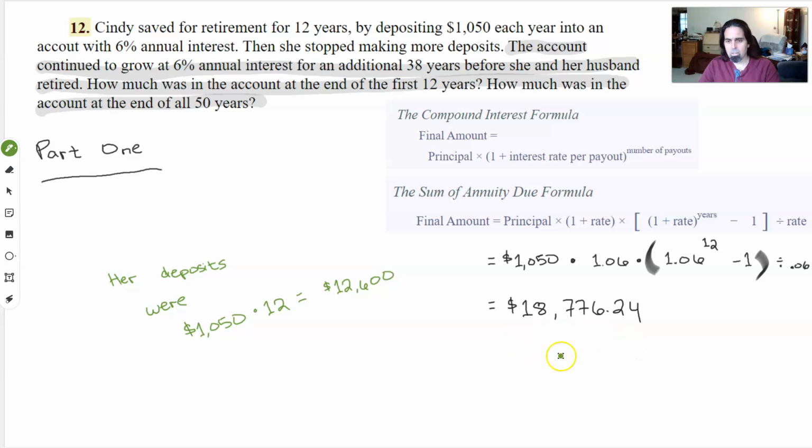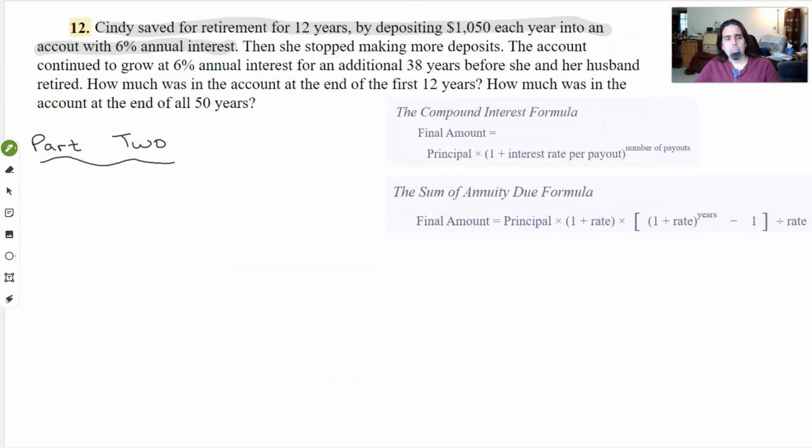So that means everything else must have been interest. So take this number, subtract away that, we'll get what? $6,176.24. Not bad. Okay, that was all an aside. We don't really need that. Moving on to part 2.